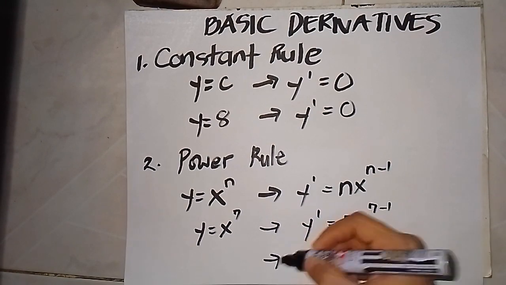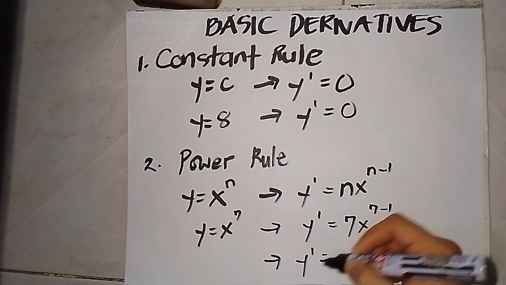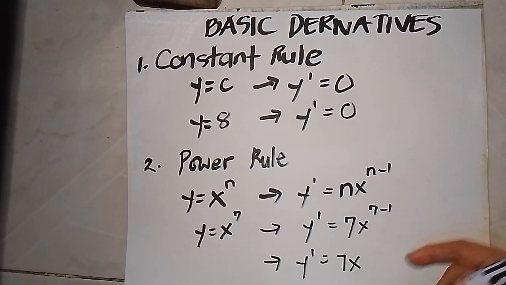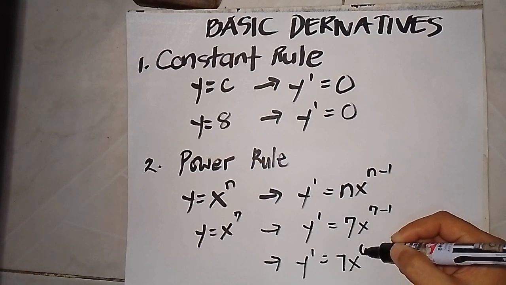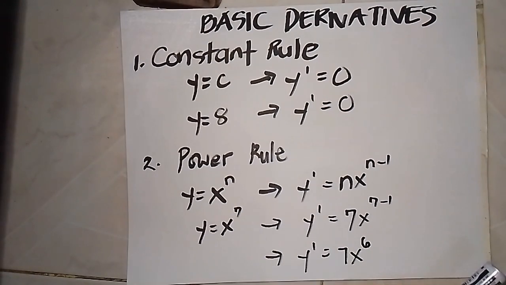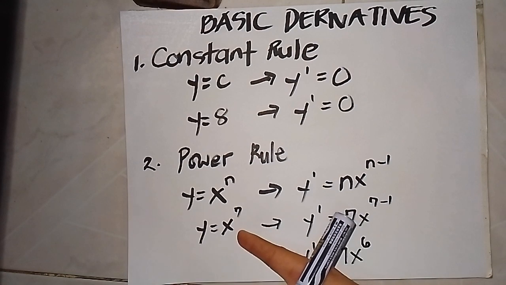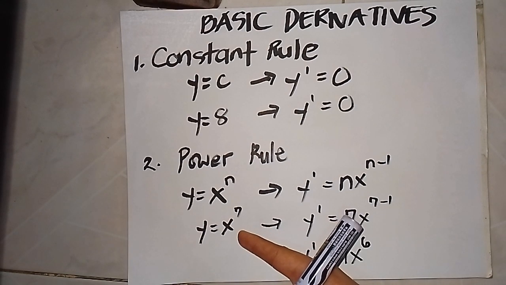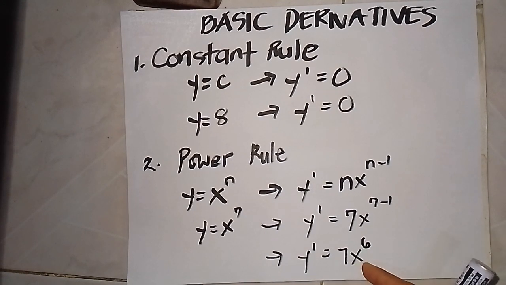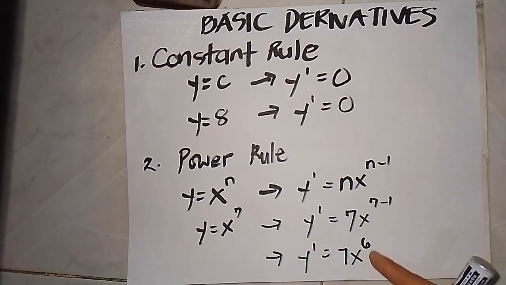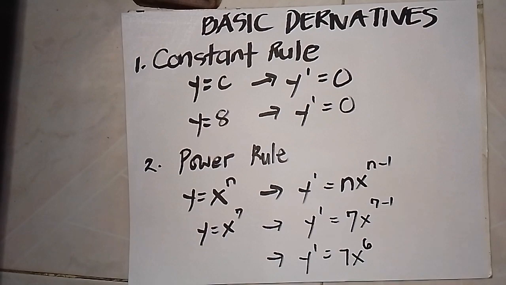So our y prime will be 7x^(7 minus 1), so we have x to the 6 rather. So the derivative of x raised to 7 is y prime is equal to 7x raised to 6. So that's for the power rule.